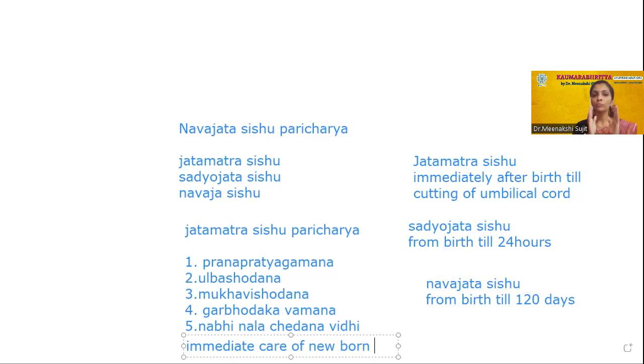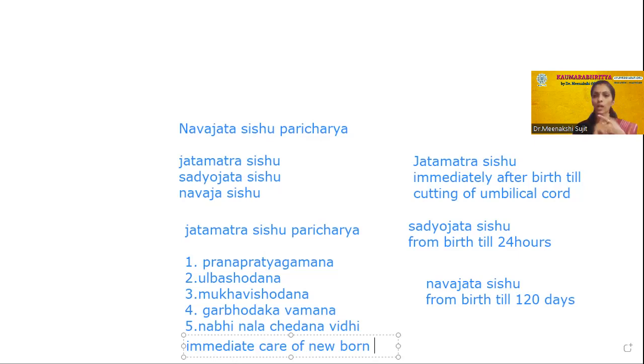And you should advise the mother to maintain good hygiene for the newborn, and the baby's vitals should be checked. Within 12 to 24 hours, both urine and meconium should be passed. Meconium is nothing but stool, the first stool of the baby, which is very black in color. Within 24 hours, both should be passed.